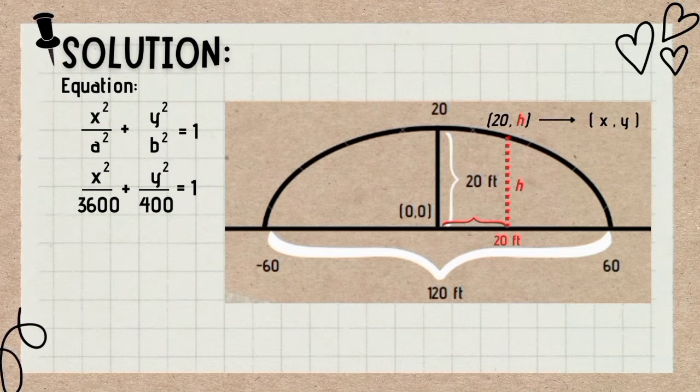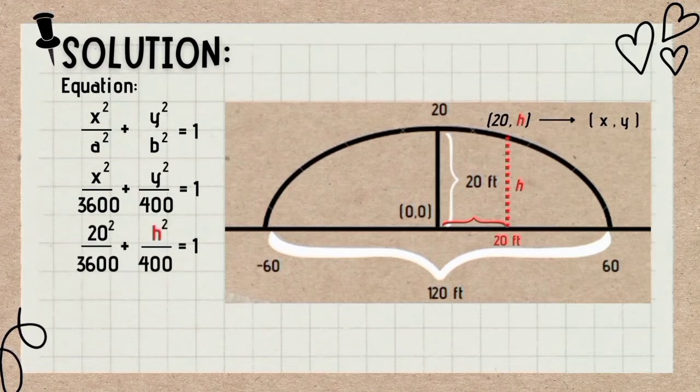Now, to our next step, substituting the values we derived from our illustration into the equation before solving for h. After doing so, we will get 20 squared over 3,600 plus h squared over 400 is equal to 1.